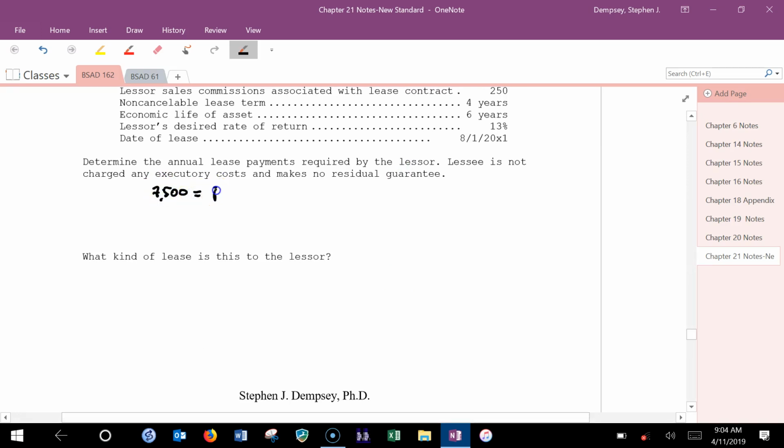And they want to get that by some lease payment. They want to recover a 13% rate of return on their investment, so they would use 13% to discount the annuity, whatever it is. But the lease term is what? Economic life of the asset is 6 years, but the lease term is 4 years.